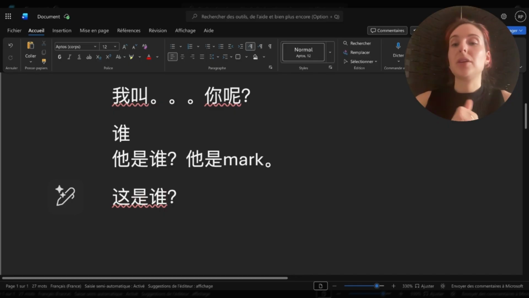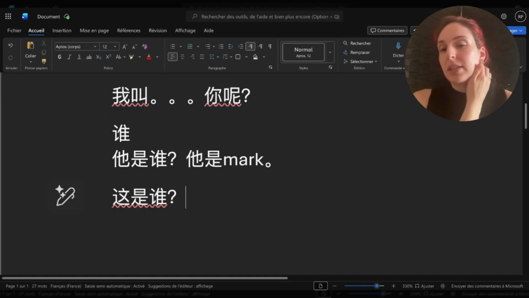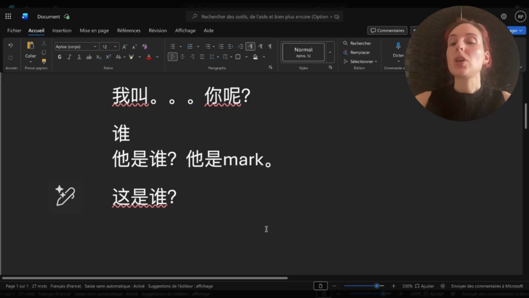Now, if you want to use this or that, you could say 这是谁? 这 is this. So 这是谁? Who is this? You can see that the who word is at the end, not at the beginning. You cannot say 谁这是? No. Say 这是谁? All right, so who is this?